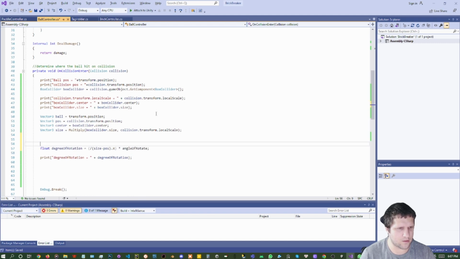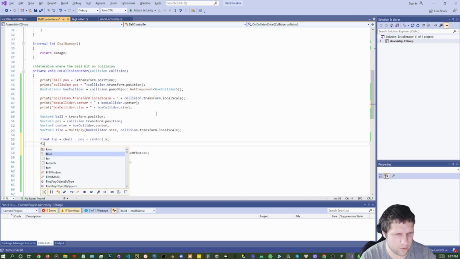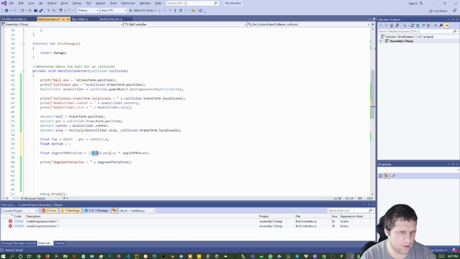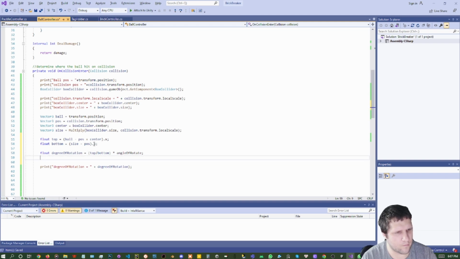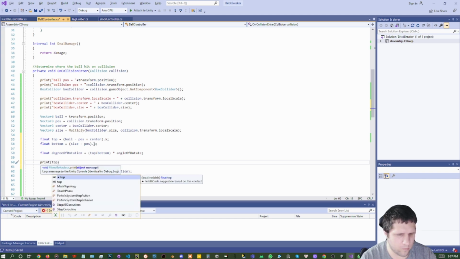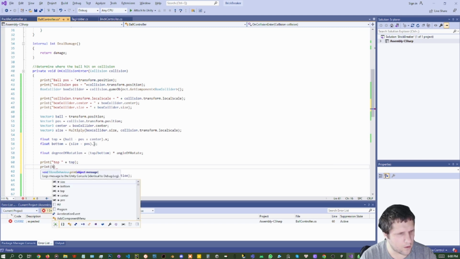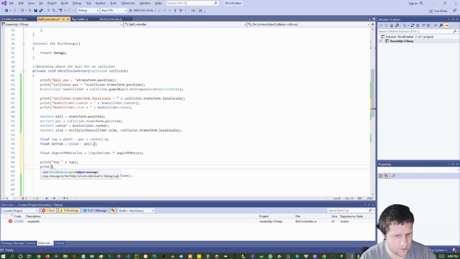So let's say float top equals, float bottom equals, top, bottom, and then we print top and print bottom.